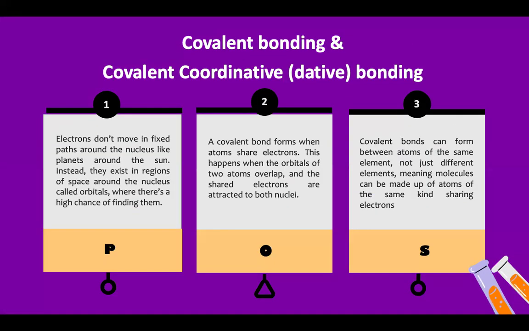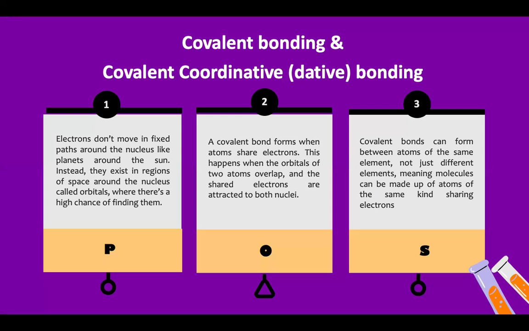Let's look into the covalent bonding and covalent coordinate dative bonding. Electrons don't move in fixed paths around the nucleus like planets around the sun. Instead, they exist in regions of space around the nucleus called orbitals, where there is a high chance of finding them.